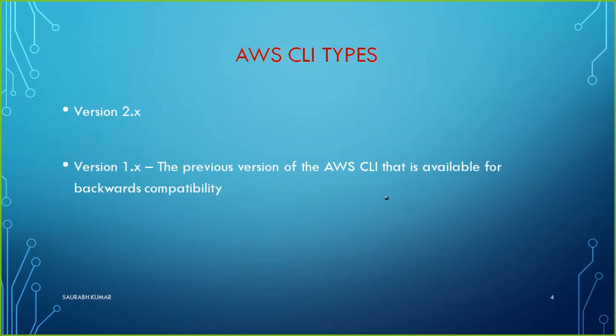So by getting inspired from such things, AWS has also decided to go with the CLI, and up to now they have two versions. They introduced version 1, 1.x, and this previous version of AWS CLI is still available to provide you backward compatibility.